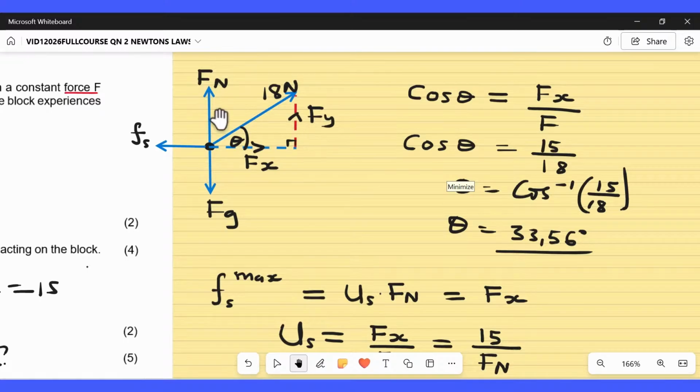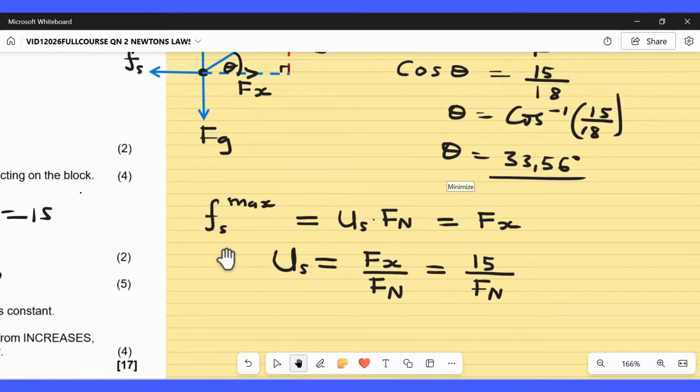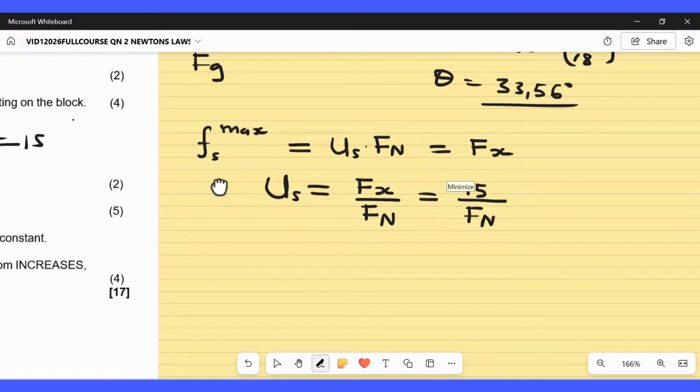Because I'm looking for the F normal, F normal equals Fg minus the vertical component. But how do you find the Fg? I use mass times gravity. So I'm going to say it equals mg, then minus what?